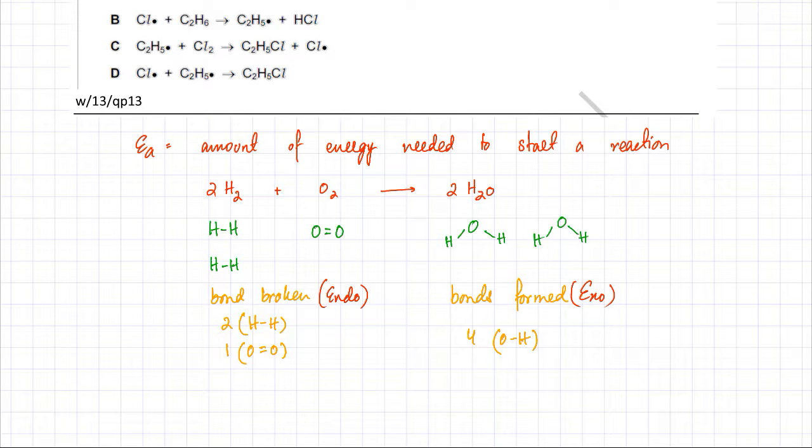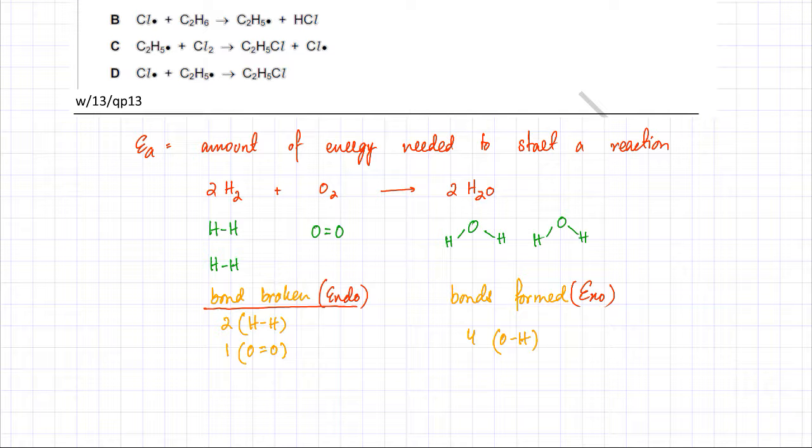Reactions require energy initially because old bonds or intermolecular forces need to be broken. You need to set the atoms free so they can rearrange and form new bonds. This initial step requires energy, and this is basically your activation energy.